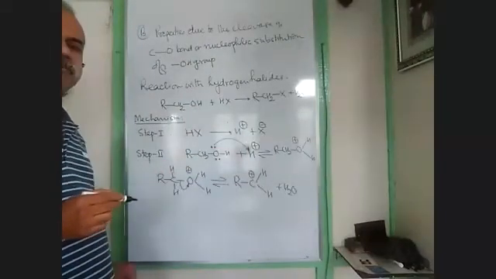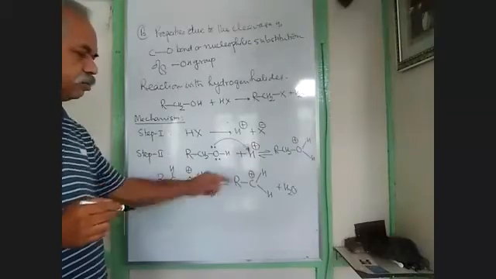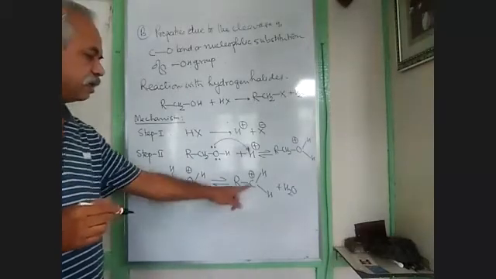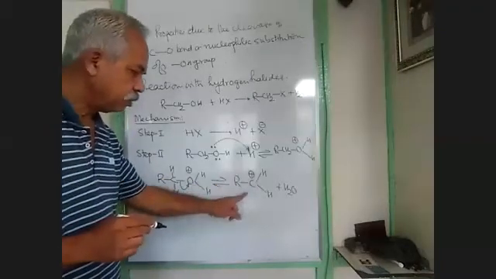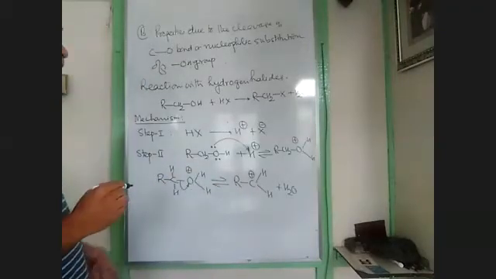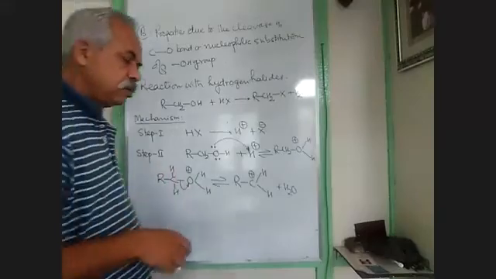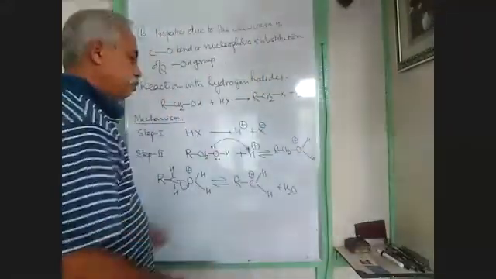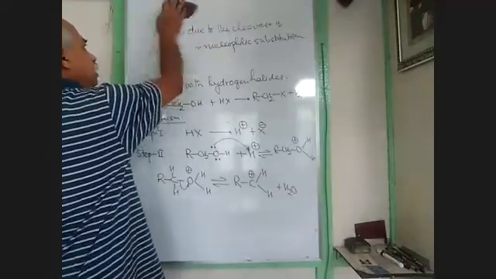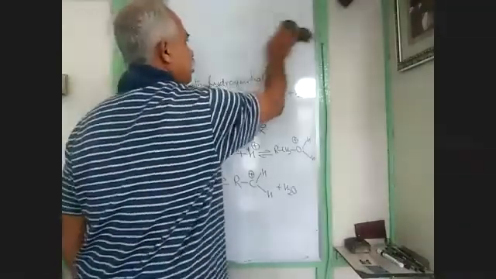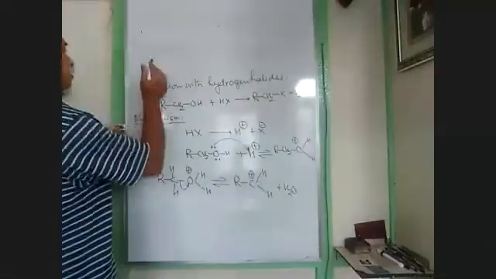Just by taking the help of the hydrogen ion, we could break the carbon-oxygen bond. So you have got a carbocation. Clear? Now the carbon from valency 4 has come down to valency 3, so it will immediately go back to its tetravalency.